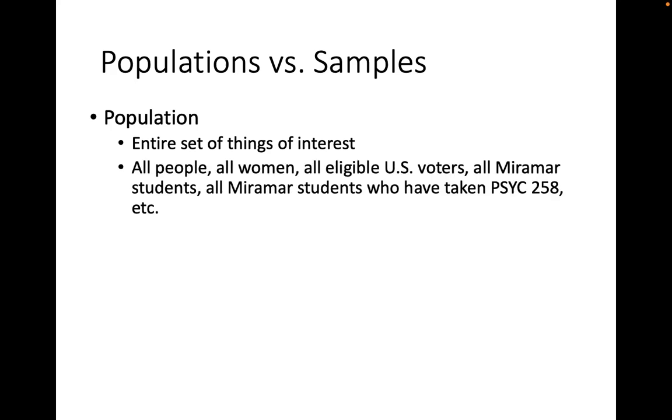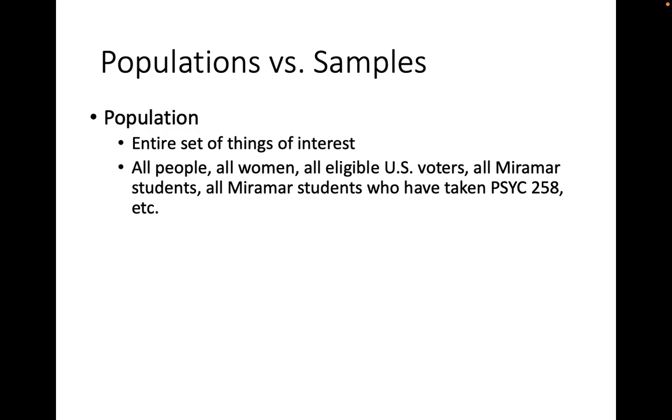So this could be all people, all women, all eligible U.S. voters, all Miramar students who have taken Psychology 258, etc. Populations are typically large, but by definition, a population is the entire set of people or things of interest that the researcher wants to make conclusions about.